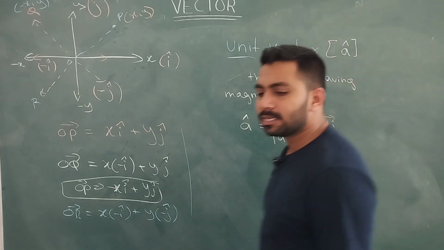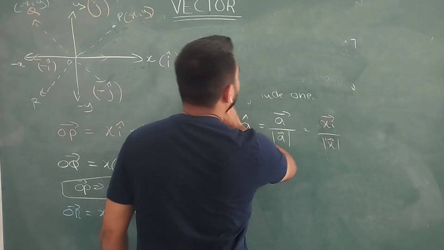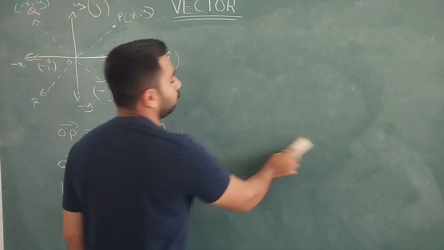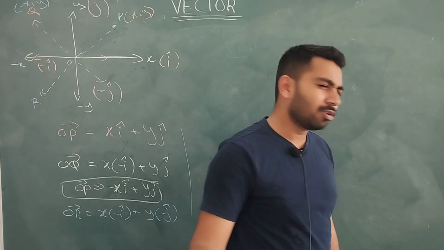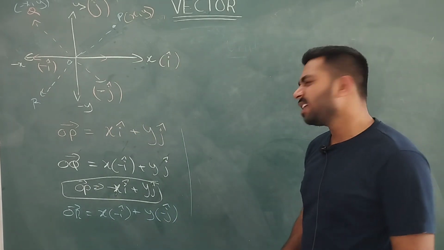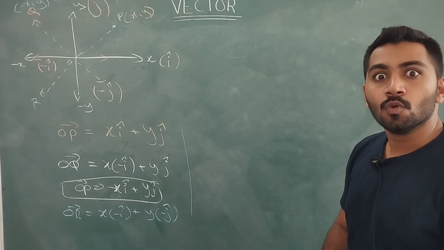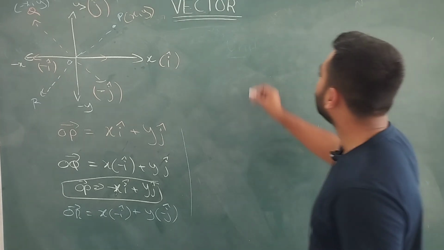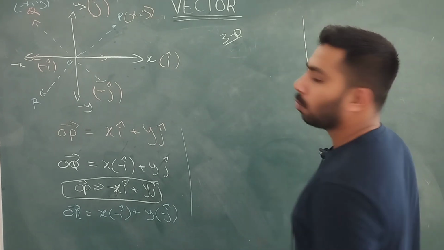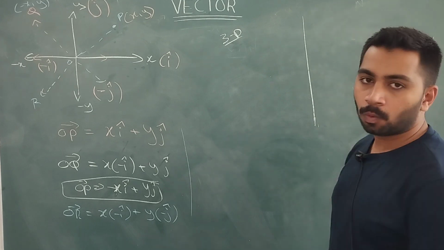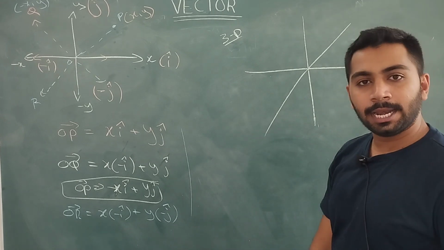Very simple. Now let us see the same thing in 3 dimensions. You are waiting for addition, I know. But building basics is very important. Without basics, you feel very bored and you can't do any problem. So let us see 3 dimensions. 1D, 2D, and this one 3D.